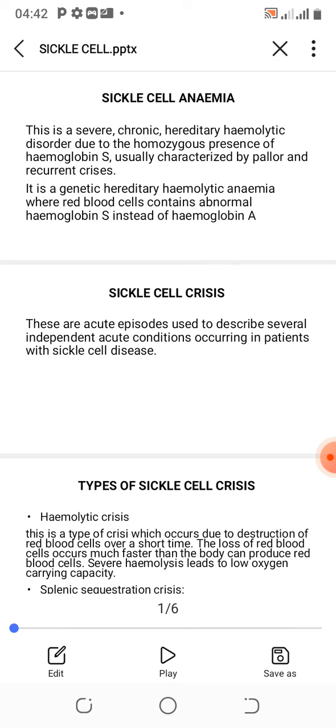It is a genetic hereditary hemolytic anemia where red blood cells contain abnormal hemoglobin S instead of hemoglobin A.